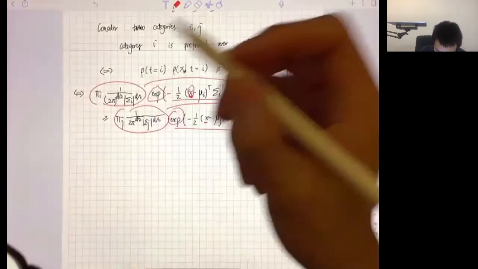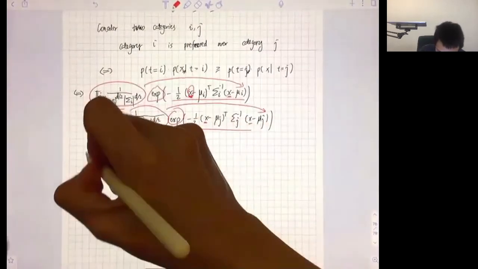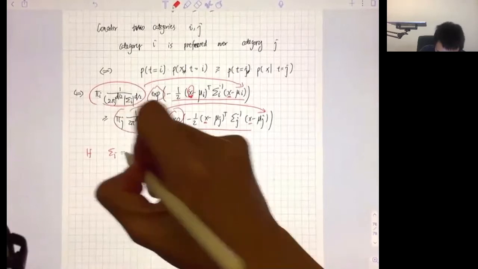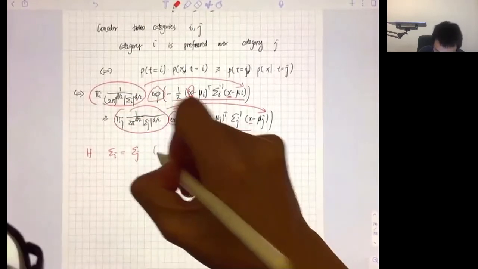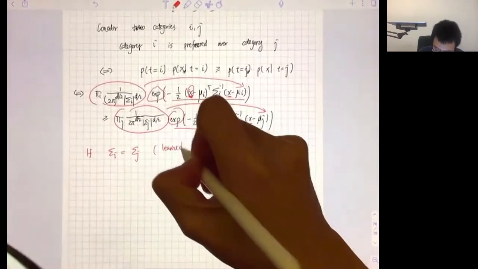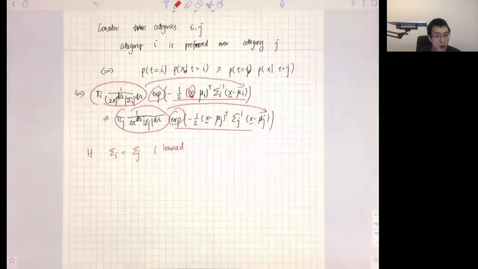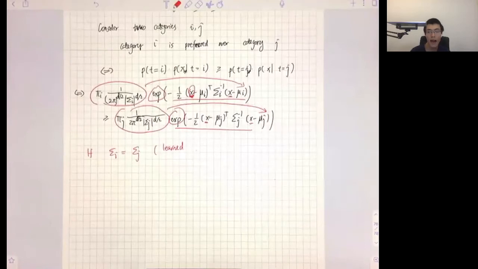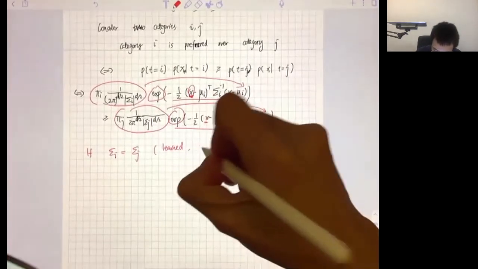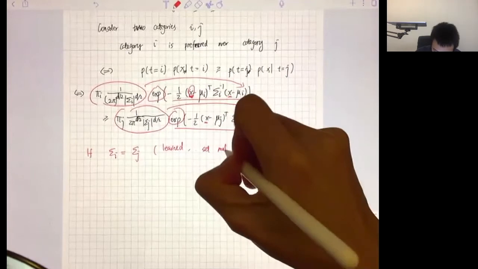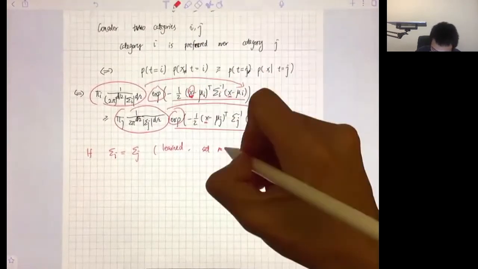Okay, so this tells us if sigma I is the same as sigma j, it can be either learned, although it's unlikely, because when you learn something, if it's a real number, then it's unlikely that they happen to be the same. It can also be set manually. So I just manually tie these two parameters.